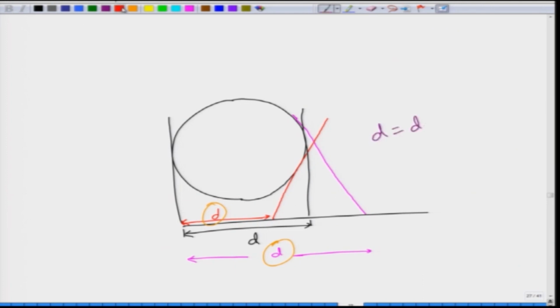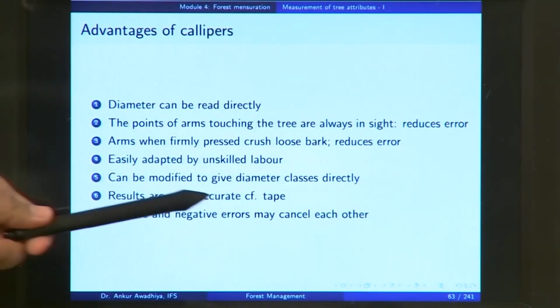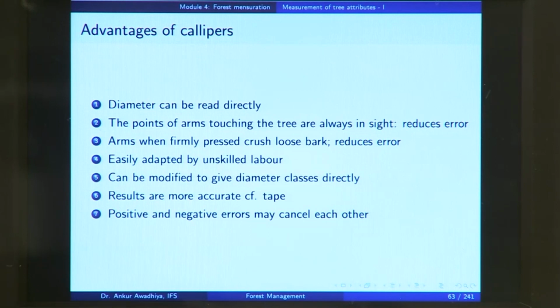Let us represent it as d plus d by 2, and in that case your value of d will be very close to the original value of d. So, the positive and negative errors, even though they are here in the instrument, if you take two readings, you can make them cancel each other.